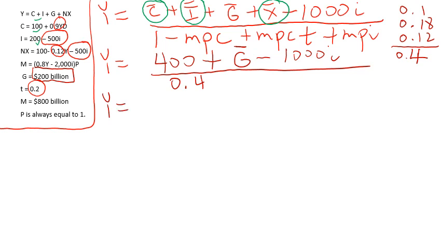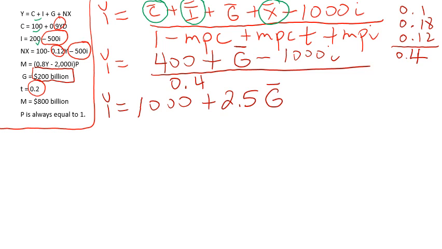Okay, now we do the calculations. 400 divided by 0.4 gives us 1000, plus, and here, coming back to autonomous G, what is the implied coefficient of G? 1. So 1 divided by 0.4 is equal to 2.5 G autonomous.